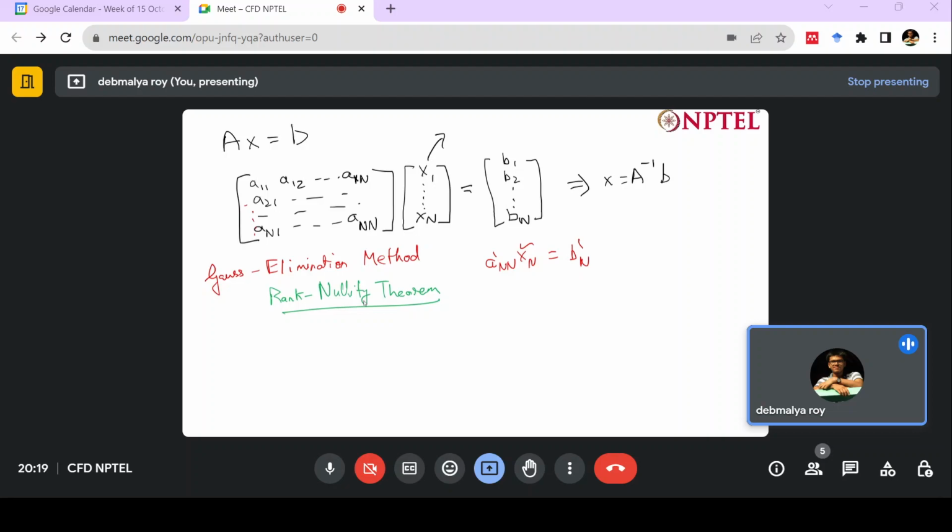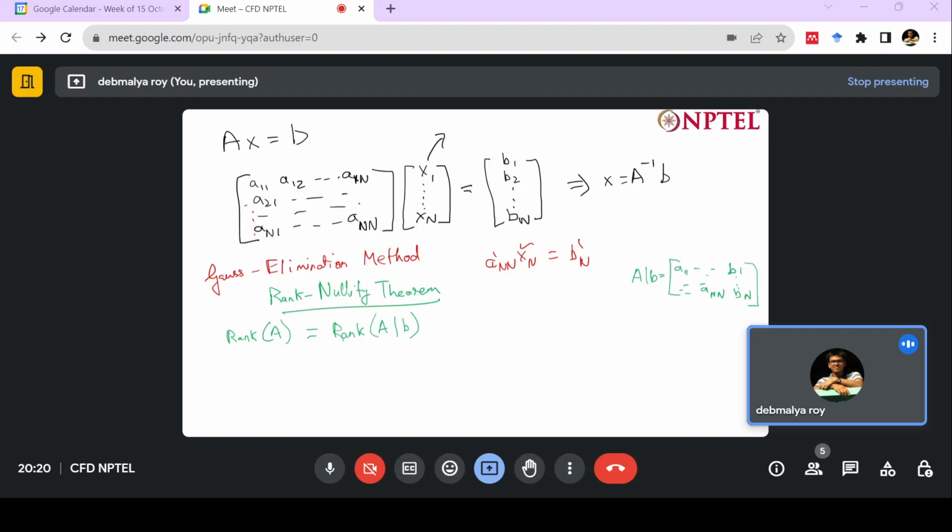For that, we need to find the rank of a matrix: rank of A and rank of A augmented with B. This looks like A11 to Ann, with all these elements, and the last column is simply b1 to bn.